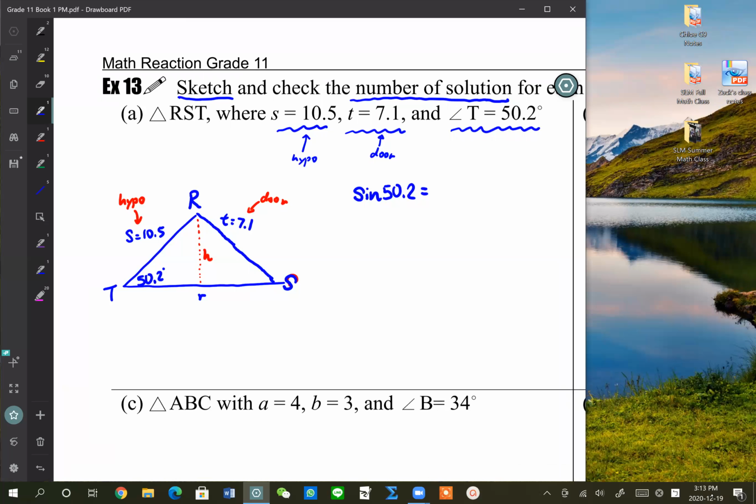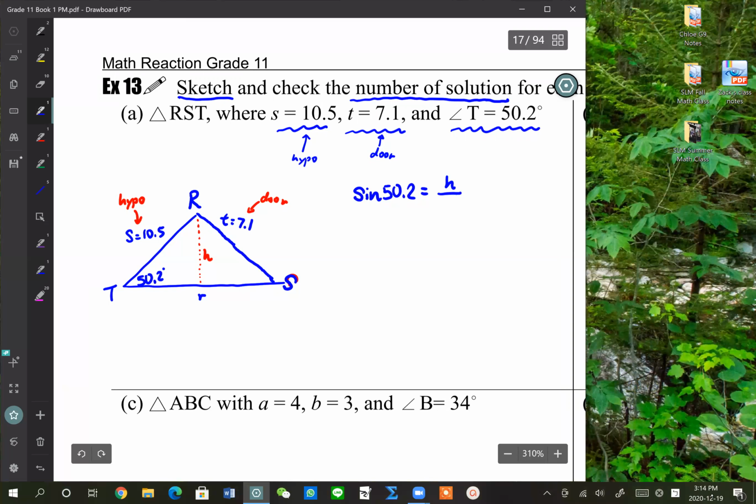Okay, can you raise your hand if you got the height? Sine 52, opposite over hypotenuse. Okay, how long is the height? Raise your hand if you found it.